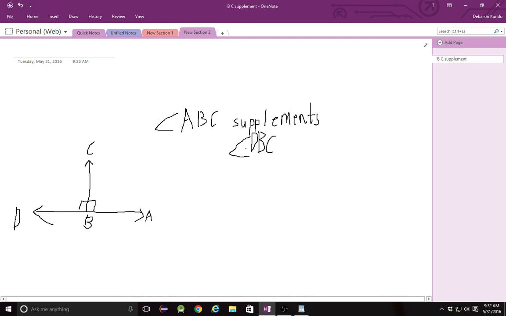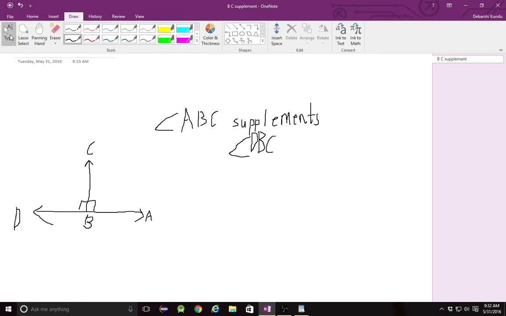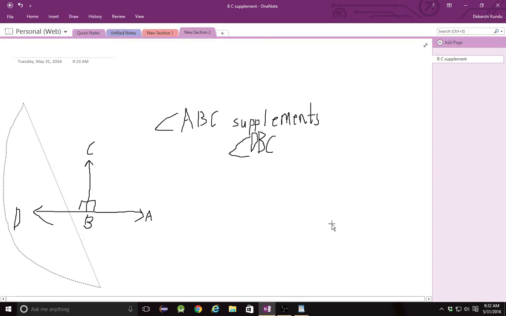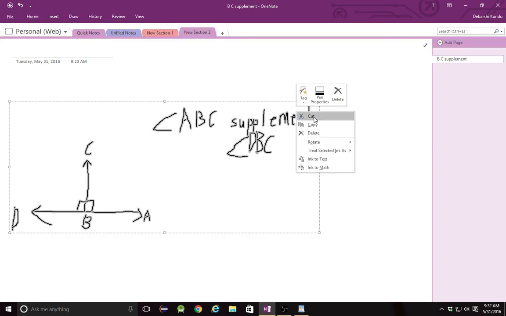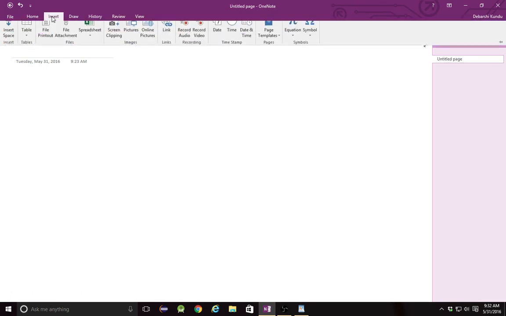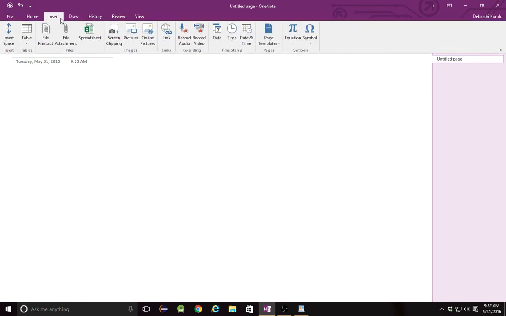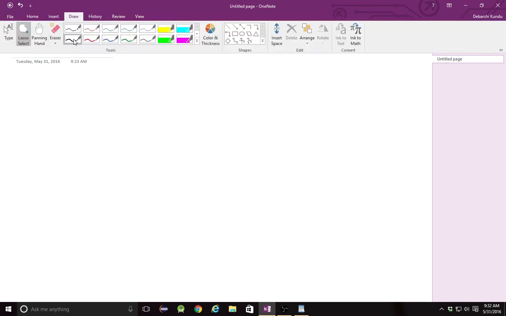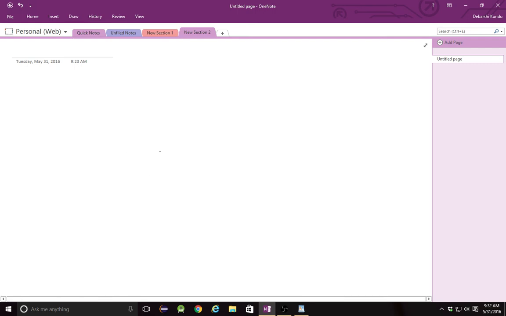Okay, and this is the last angle that we are going to learn for today, and it is called the vertical angle. And all a vertical angle is, essentially, a vertical angle is made from two intersecting lines.